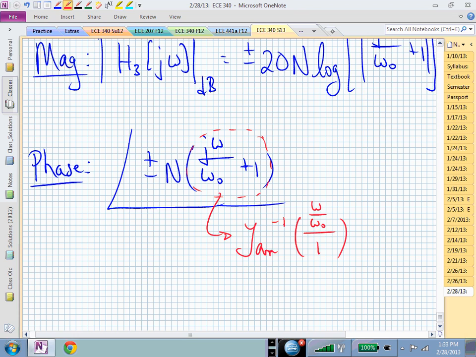And the real part, since we've normalized this, since we put everything in time constant form, that really goes away. And now we're looking at the angle that has a tangent of omega over omega naught. Omega naught is our break frequency. That's fixed, and omega is varying. And we want to know, what does this look like as omega varies?